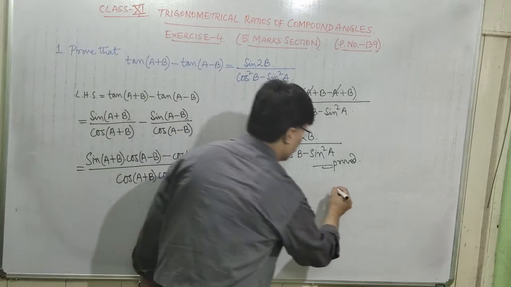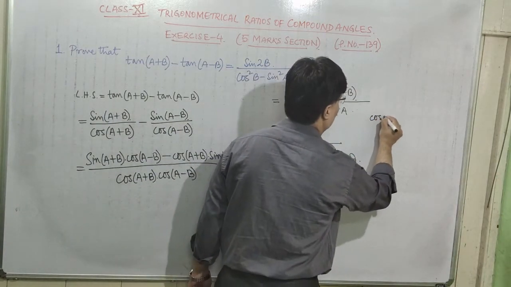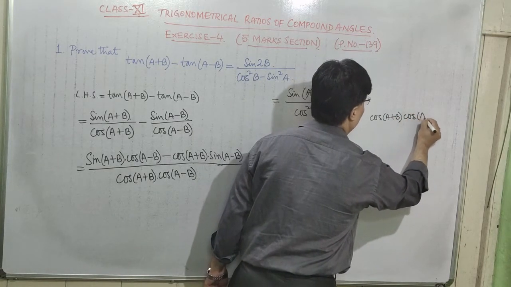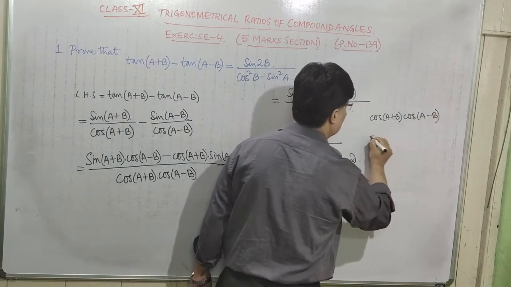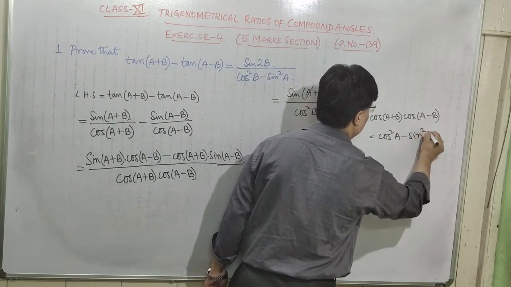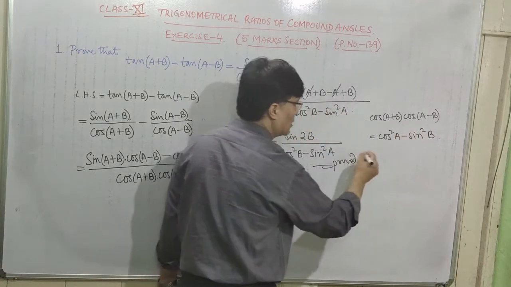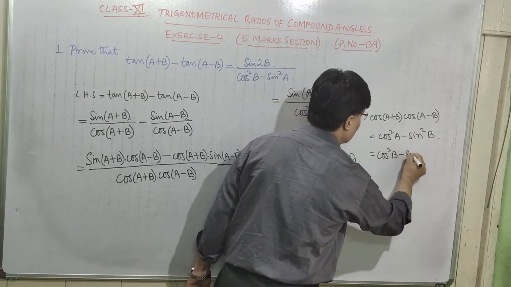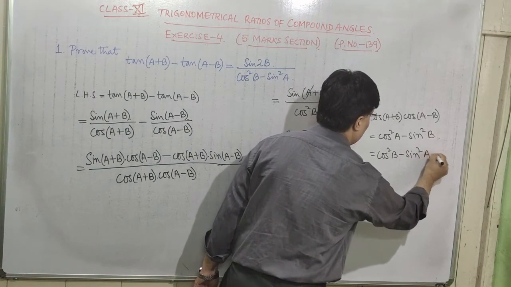Okay, so there is formula for cos of a plus b into cos of a minus b as cos square a minus sin square b. This is one of the formula. Other formula may be, it is cos square b minus sin square a, right?